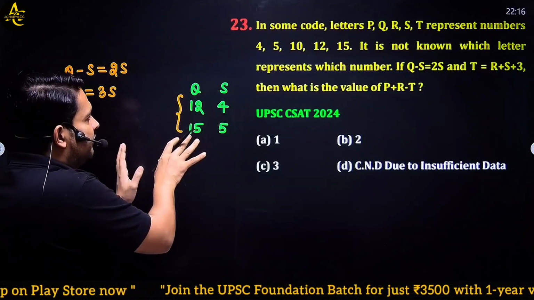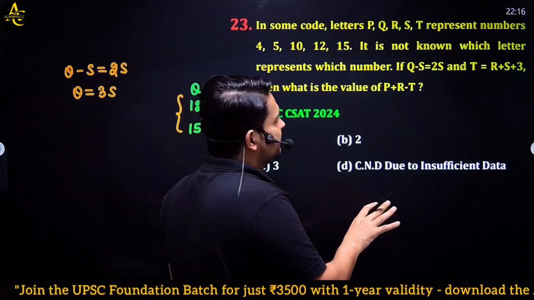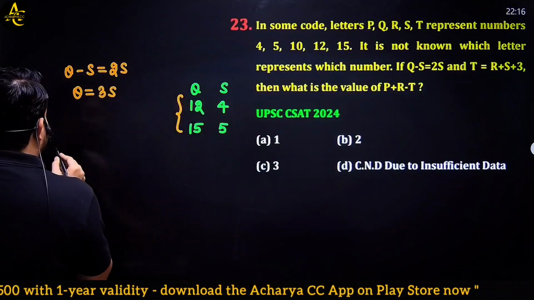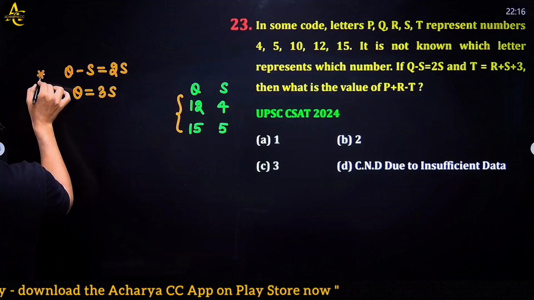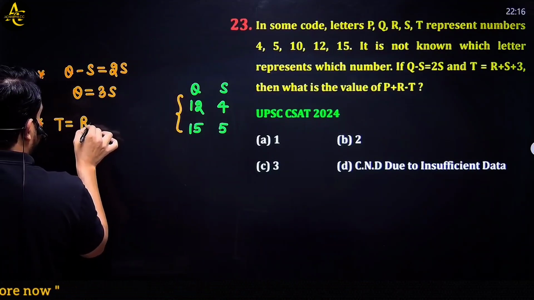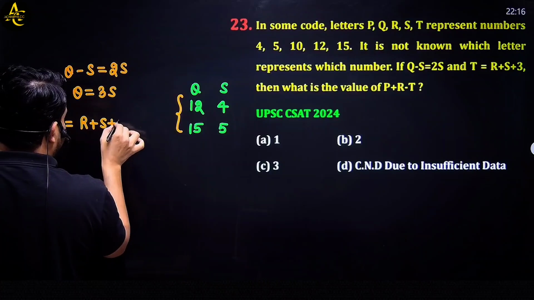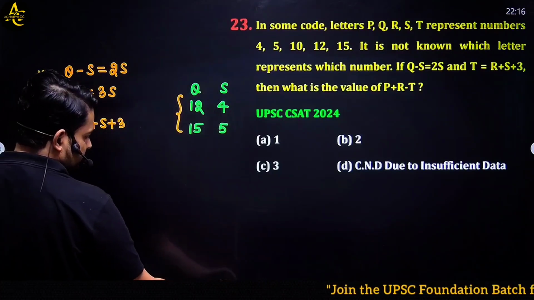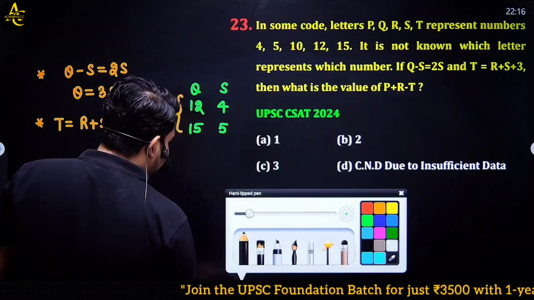I cannot solve it further, but I have another statement, that T is equal to R plus S plus 3. See, in this scenario, I have two values of S, so I have to put these values here.